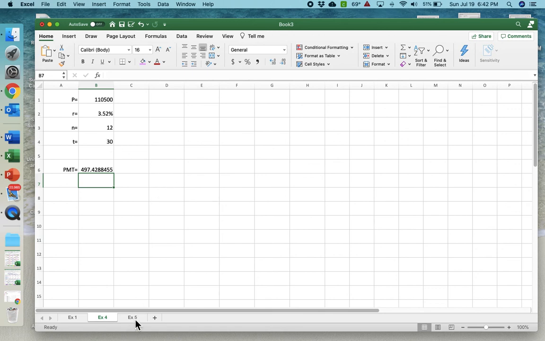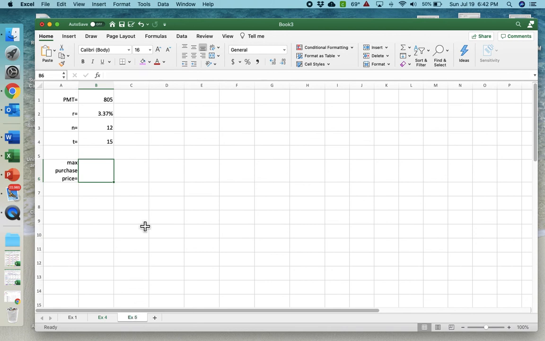And then last, for example 5, we're trying to find the maximum purchase price for a payment of $805 with a rate of 3.37%, N was 12, for 15 years for part A, and then we'll find for 30 years for part B. So the maximum purchase price using our formula would be equals our payment times, then all the top needs to be in parentheses, 1 minus, 1 plus R over N needs to be in parentheses.